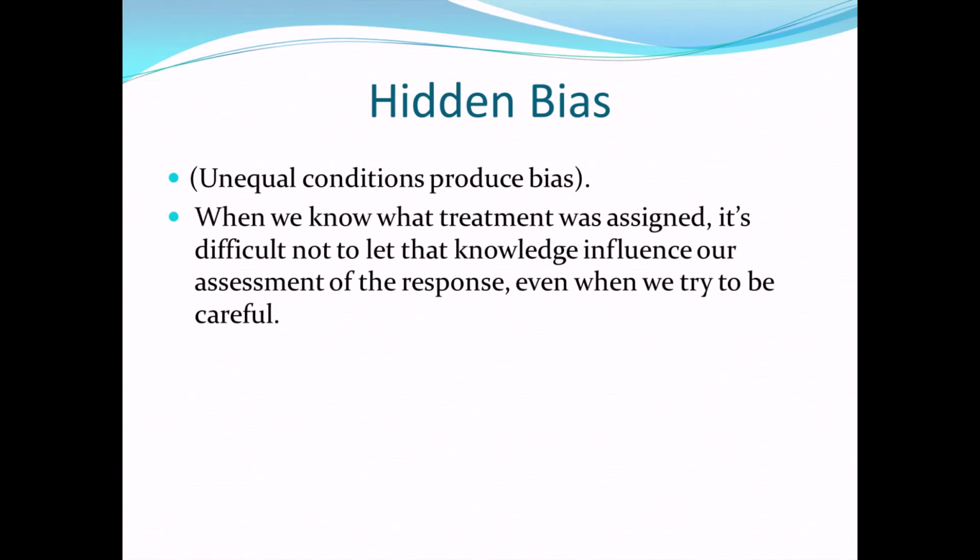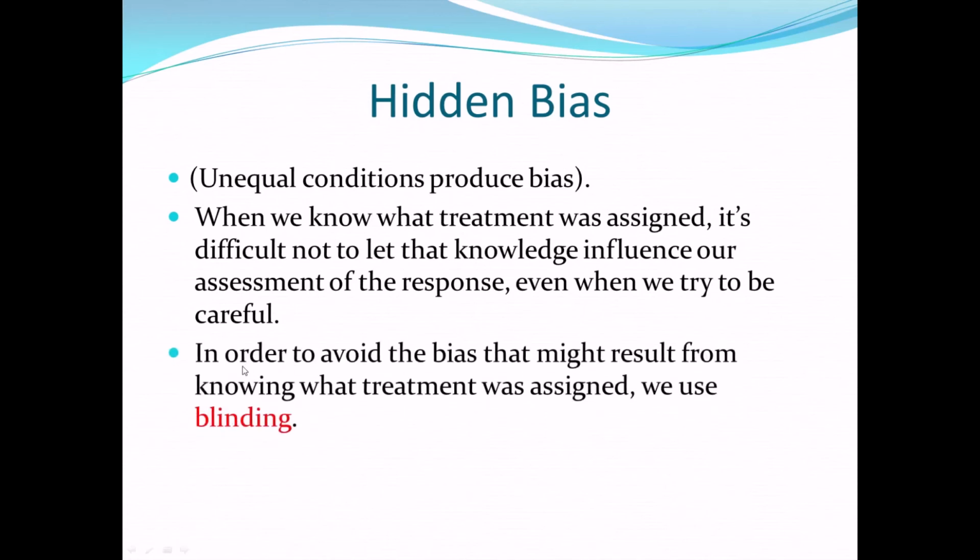Okay, when we know what treatment is assigned to which subject, it's difficult not to let that knowledge influence our assessment of the response, even when we try to be careful, all right? Remember the placebo effect, where some guy in a lab coat comes out with some pills and says, hey, Mildred, you're getting the good stuff today. And it doesn't really matter what Mildred gets, she's just going to feel like she's on top of the world. All right, that's what we're talking about.